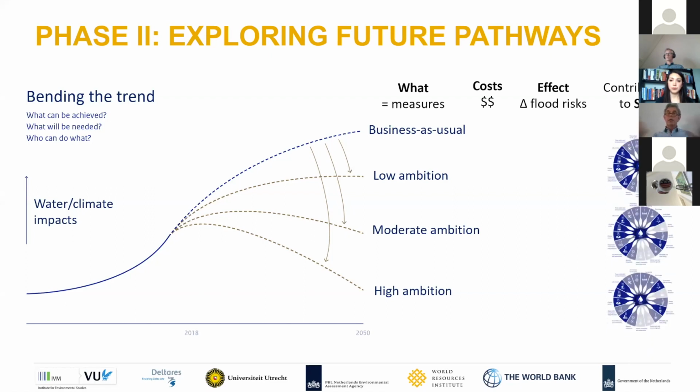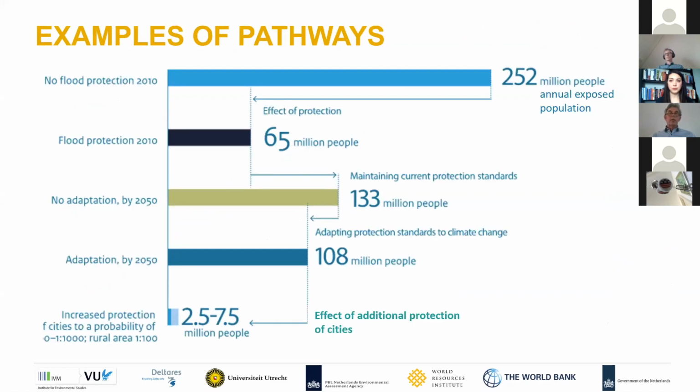So here we have a kind of format for how we can show how certain pathways will contribute more or less to the SDGs. So just to give an example of the pathways and how you can have a look at what the outcome of the pathways will be. This is based on still a first orientation on solutions in the Future Water Challenges 1.